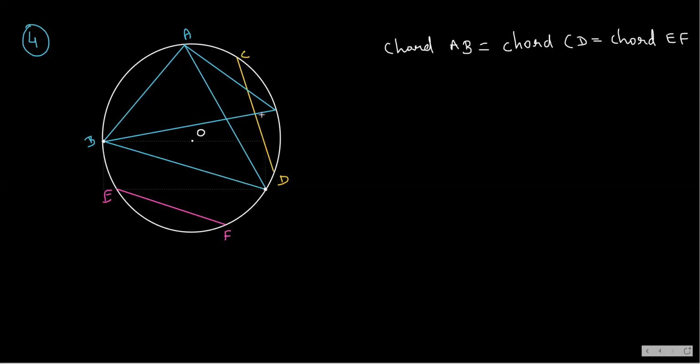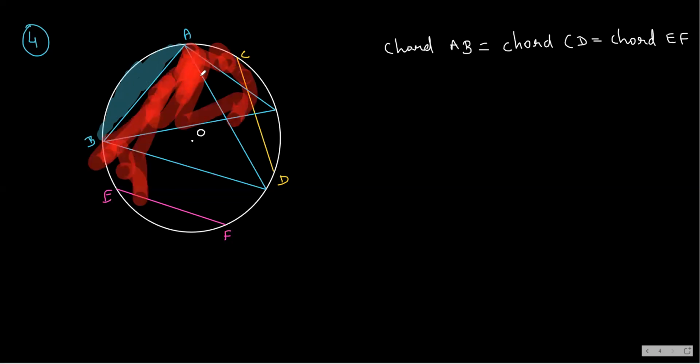You know why they are equal angles? Because they are angles in the same segment. You can check chord AB divides the circle into two segments. See, this is one segment. This is one segment. And here you have the other segment.